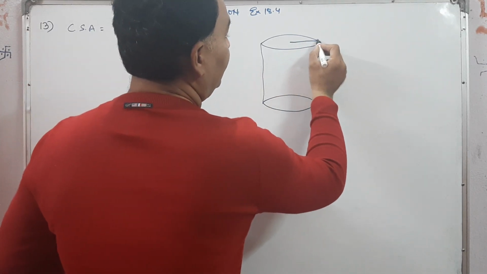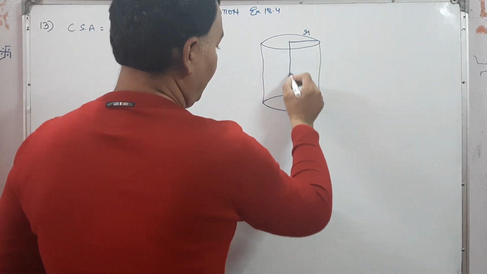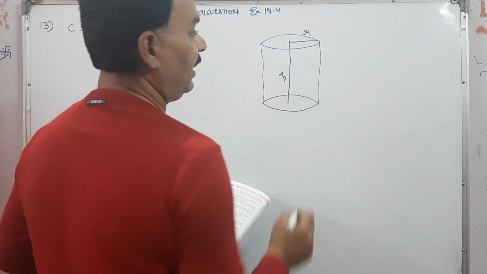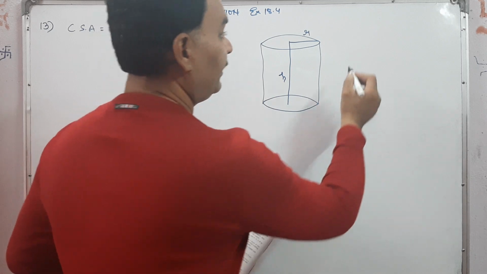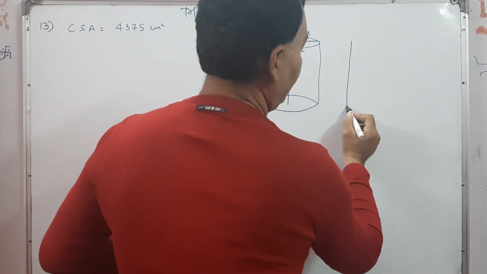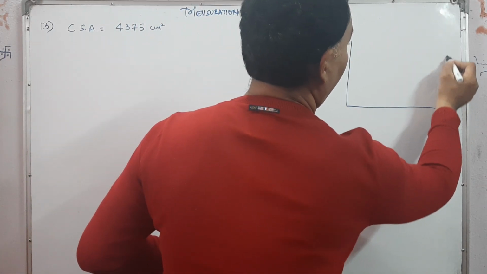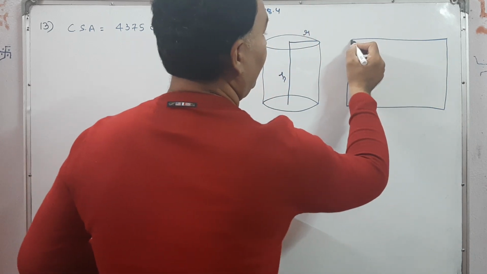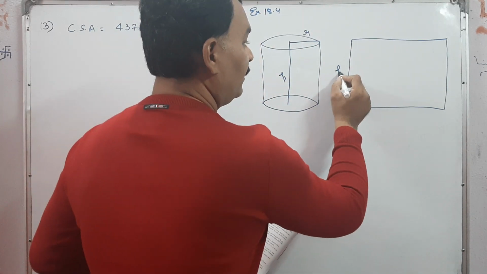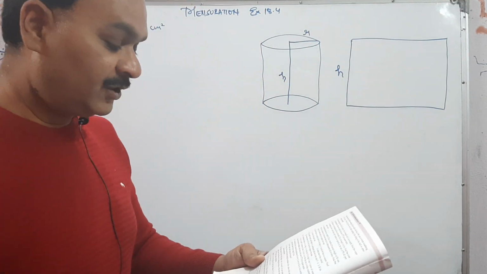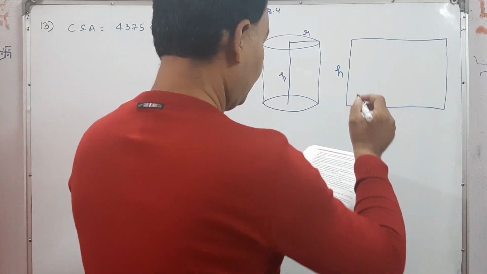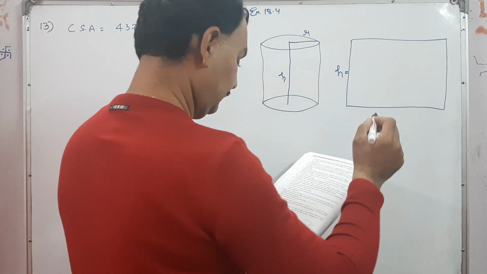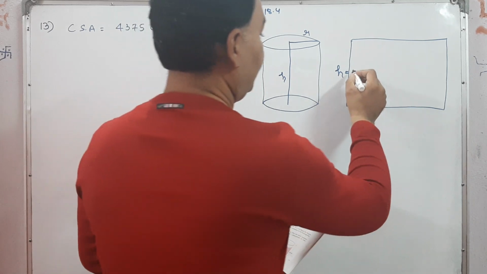Now let the radius be r and the height of the cylinder be h. Now when it is cut along its height, then it will turn into a rectangular sheet whose width is h, which is given to us, 35 centimeter.